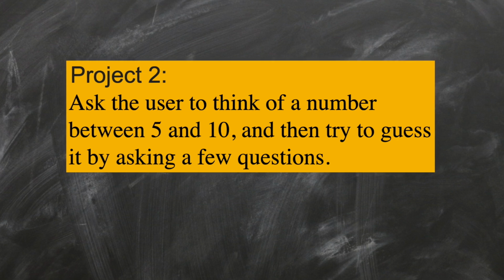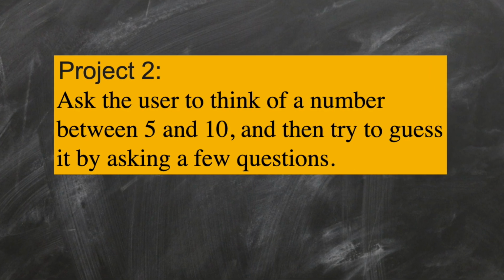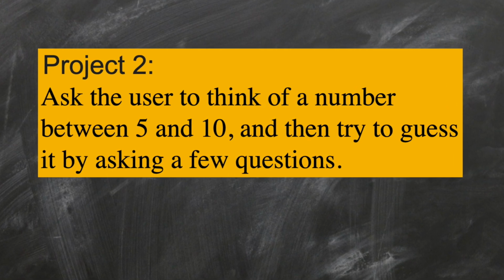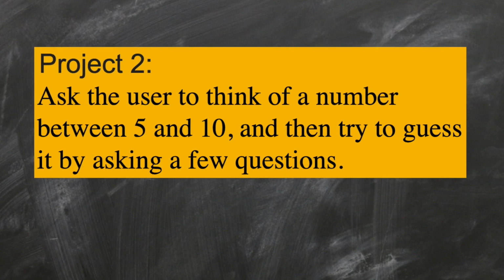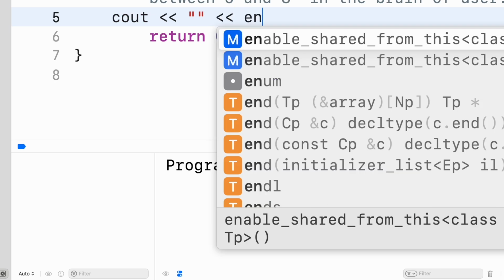In the second project, we are going to ask the user to think of a number between 5 and 10, and we should try to guess the number by asking a few questions. Let us go. So we should ask the user to think of a number between 5 and 10.